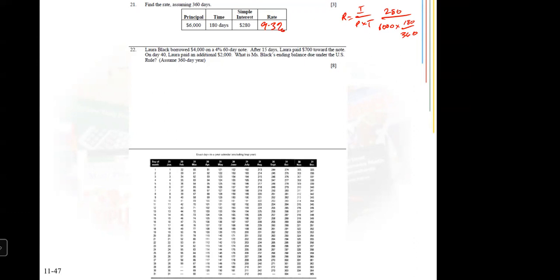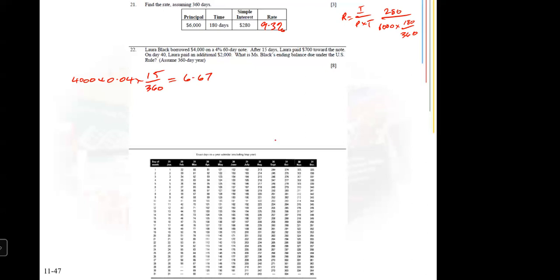Okay, and the last question we have, okay, this person borrowed $4,000 on a 60-day note, made a payment on day 15. So the first payment was day 15, so you say 4,000 times 0.04, 4% interest, times 15 over 360, and that gives you $6.67. That's the interest due for that first payment.